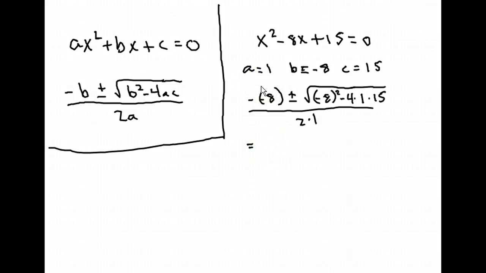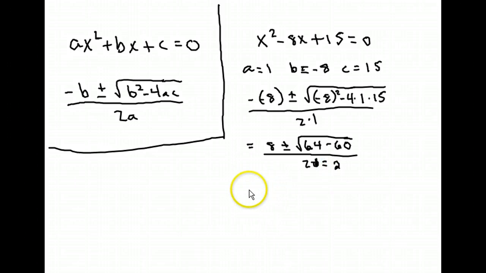You have negative negative 8, which gives you a positive 8, plus or minus the square root of 64, which is 8 squared, and minus 4 times a positive 1 times a positive 15 is a minus 60, and that's all divided by 2. So you have 8 plus or minus the square root of 64 minus 60, which is 4, divided by 2, which gives you two answers.